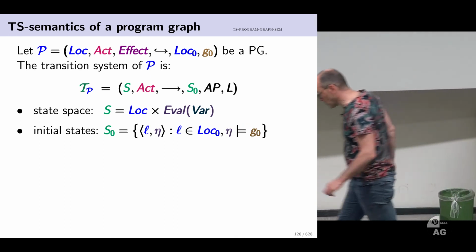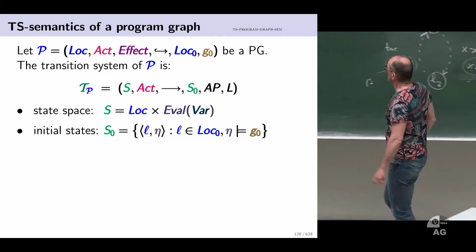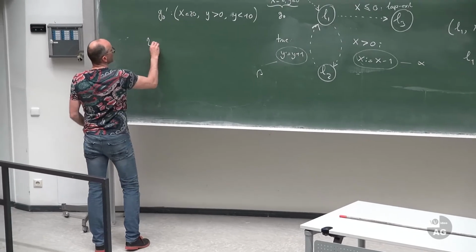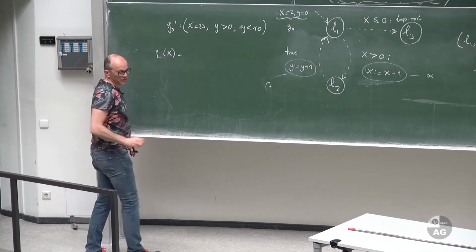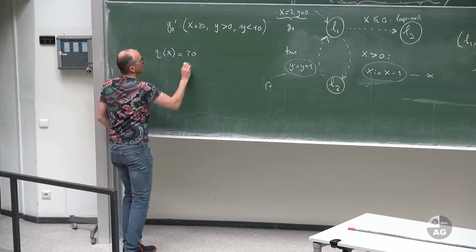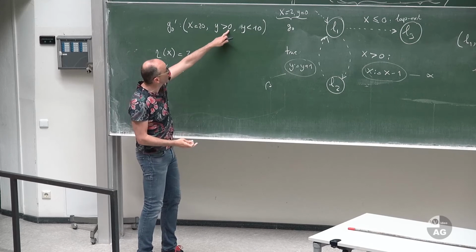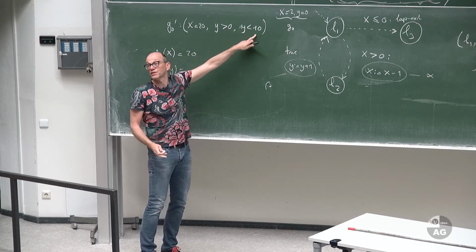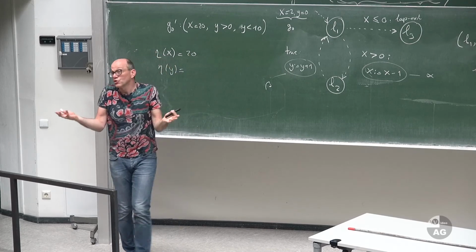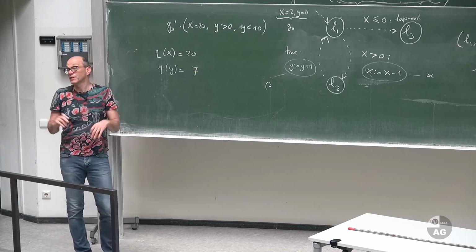So in my case over here, eta could be a function that says eta of x, I don't have much choice here, right? Because x needs to be 20. But for eta of y, I have several choices because the only thing I'm saying is it's strictly larger than 0 and strictly less than 10. So now pick your choice. Maybe you say 7. This is a possibility.